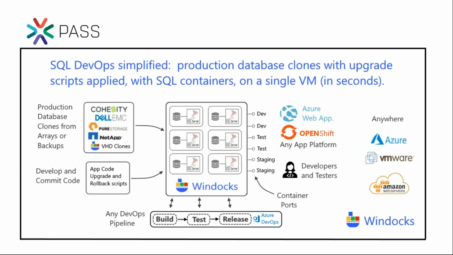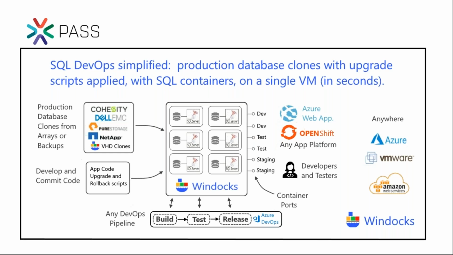So what we're going to take a look at today then, we are going to be using containers, but these containers are nothing more than named instances on a Windows server host. And we're going to be delivering database clones. In this case, these are Windows VHD-based clones, but we also support a variety of storage array systems.